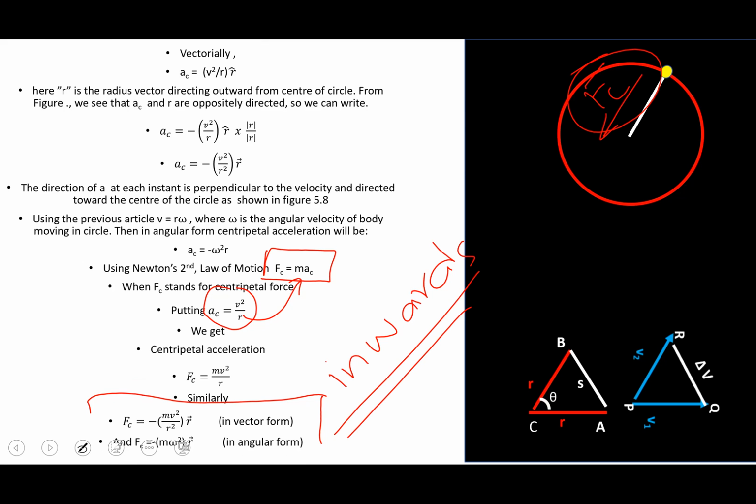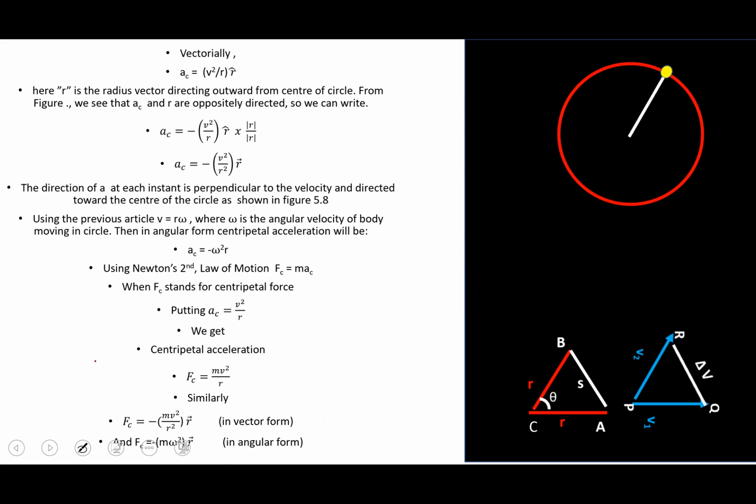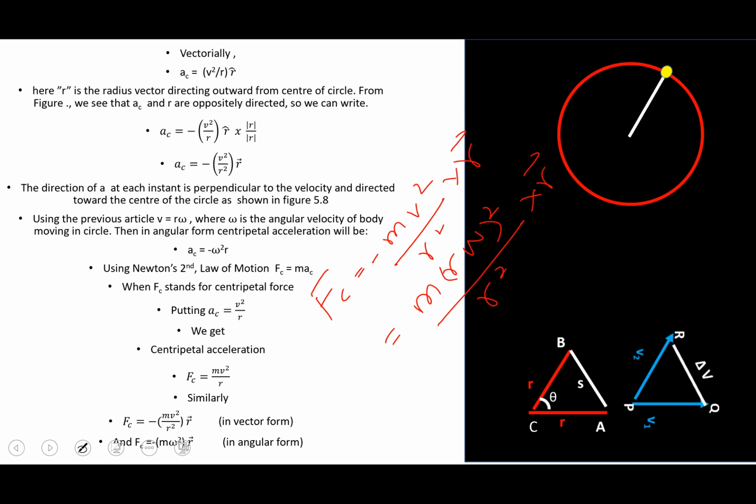Now, if we want to convert it into an angular form, what do we do? We just replace v by r omega, and we get F_c is equal to minus mv square over r square multiplied by r vector. Putting the value of v, m r omega whole square, because v is squared, divided by r square multiplied by vector r.